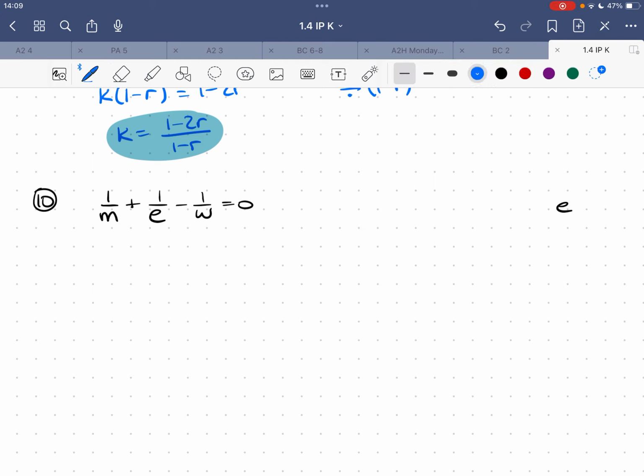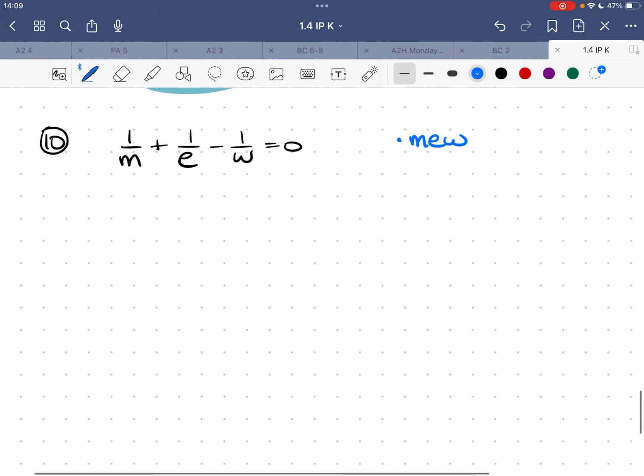This is one way to do it with fractions, but also what you can do is what I said before. I like getting rid of denominators. So something we can do is multiply both sides by m, e, and w. I think this is going to simplify things a lot because then we won't have fractions. So when I multiply this by m, e, and w, I'm left with EW because the m cancel each other out.